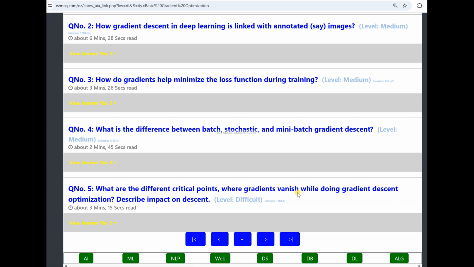And of course, what is the impact on the descent? There are different critical points where the gradients vanish. Vanish means the gradient becomes zero. And of course, they will significantly influence the process of optimization, especially for deep learning. And why? Because the landscape is highly non-convex.